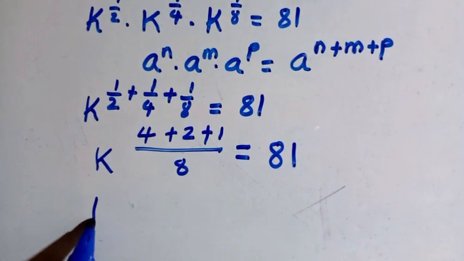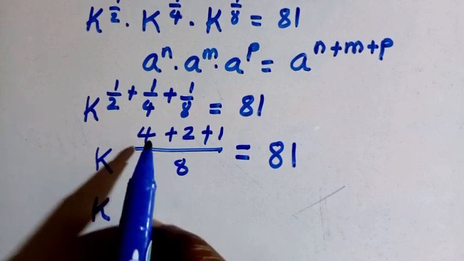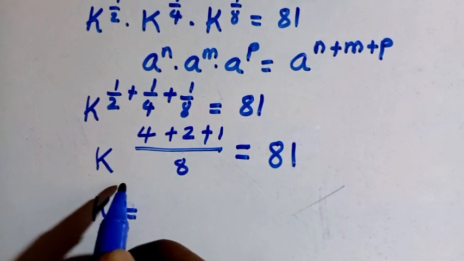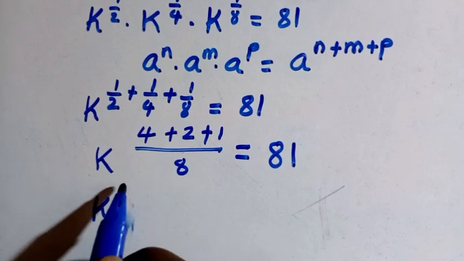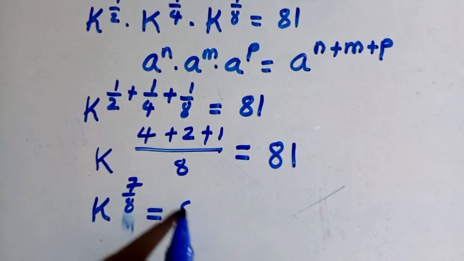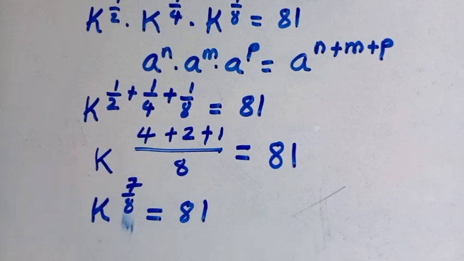So we have 4 plus 2 plus 1, that is k raised to power 7 divided by 8 equals 81.